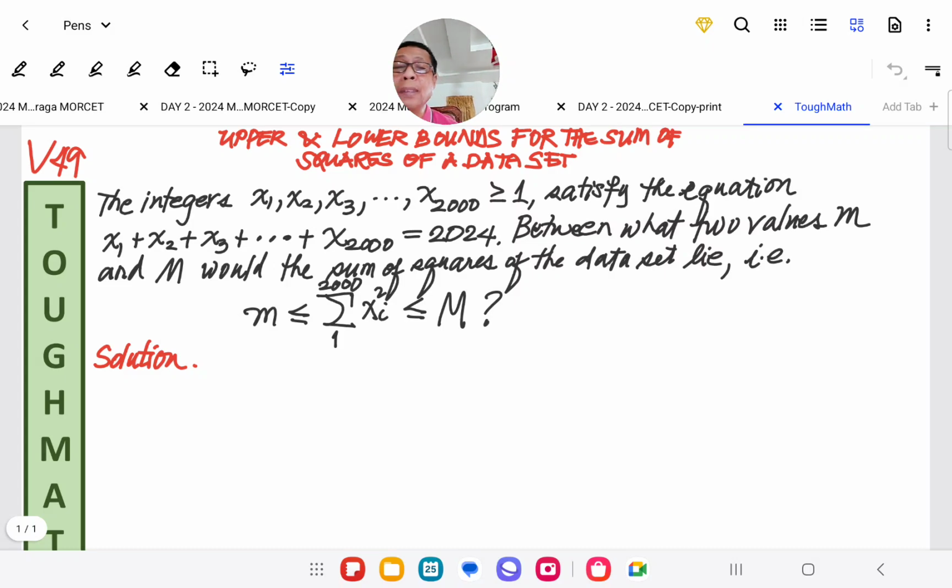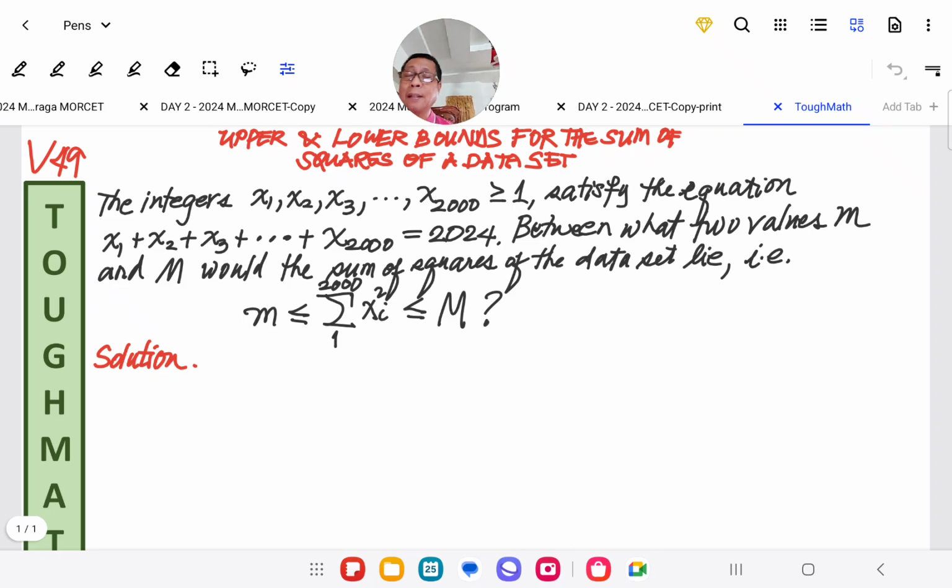Okay, first we take note that the sum of these 2000 integers is only 2024. So it is not hard to imagine that there are overwhelmingly more ones than integers that are greater than 1.